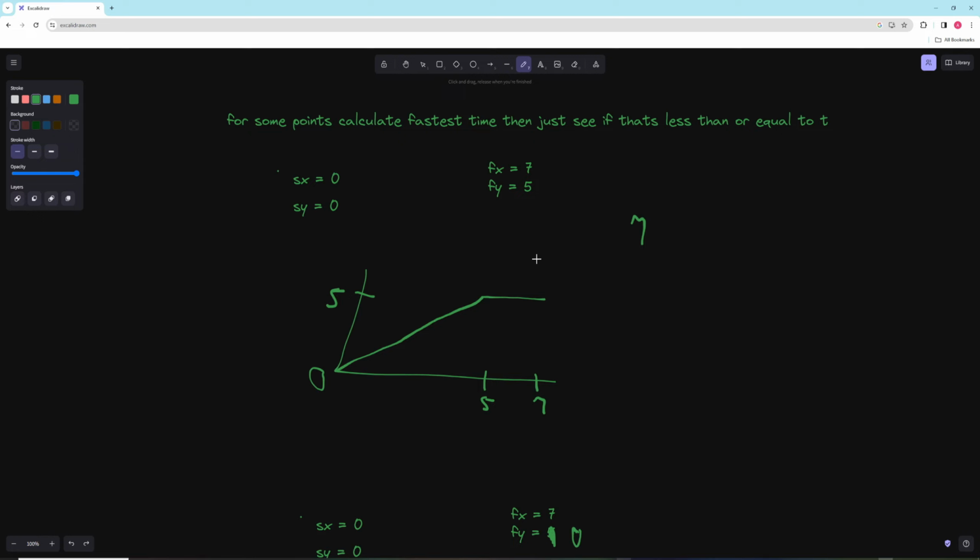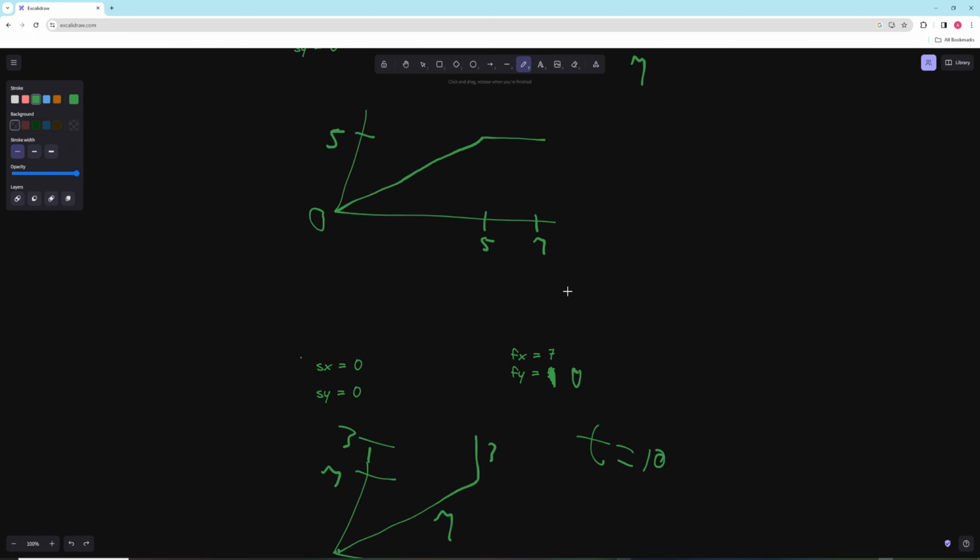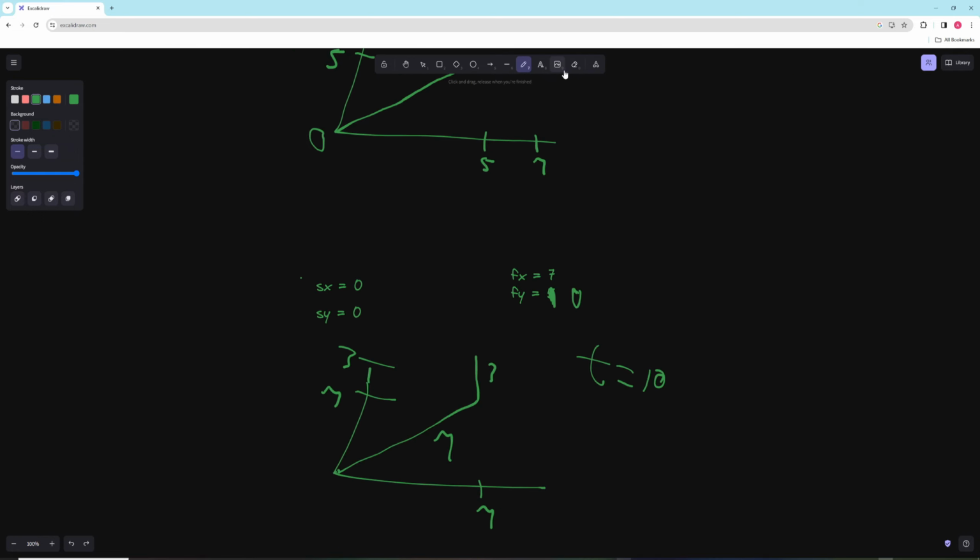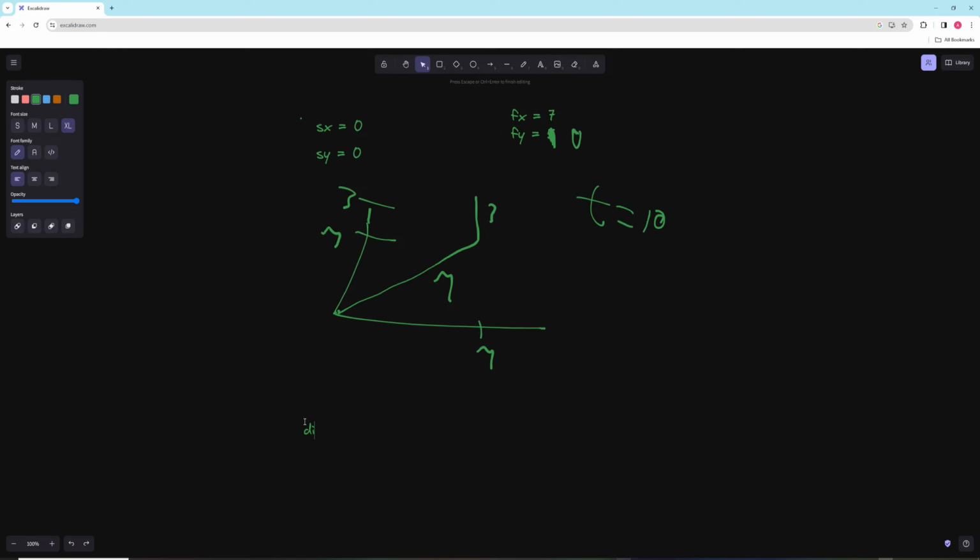So notice that basically no matter what happens, the total distance of diagonal plus horizontal really just ends up being the maximum of the two distances, dx and dy.